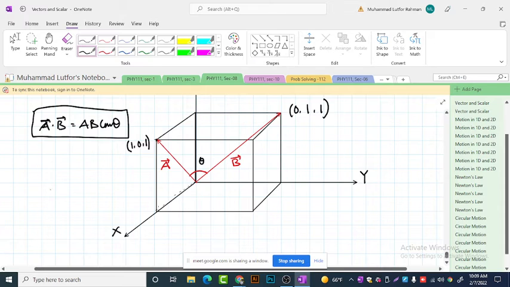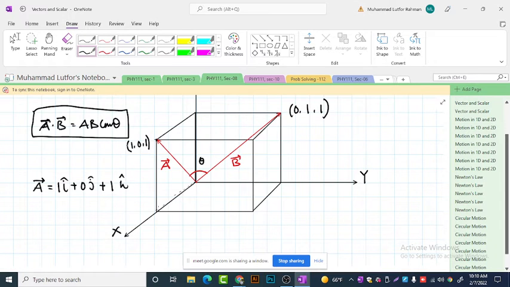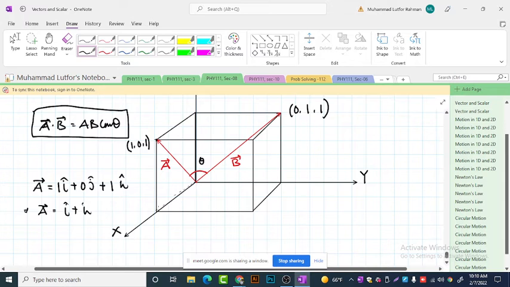Alright, then I can express vector A as 1 i hat plus 0 j hat plus 1 k hat, because these are the components 1 0 1, the coordinates. Then this vector A would be basically i hat plus k hat.